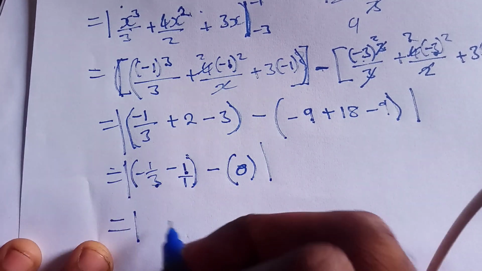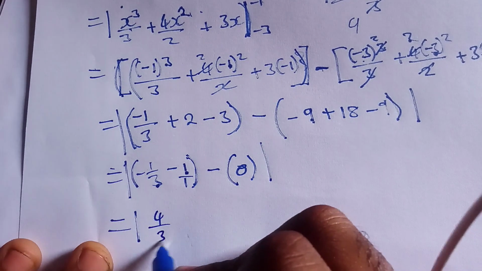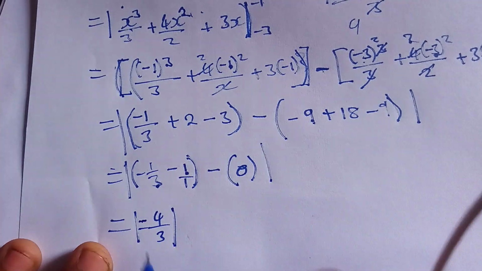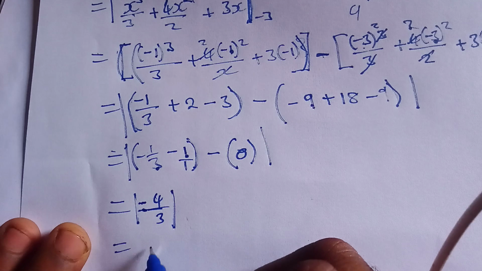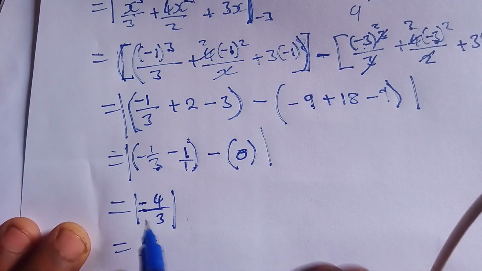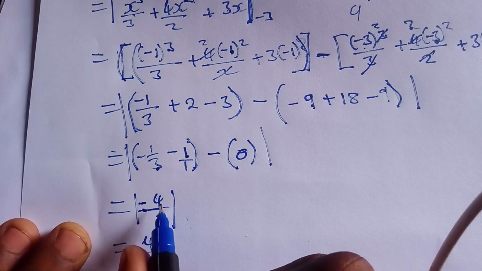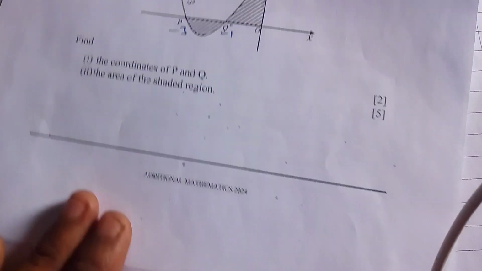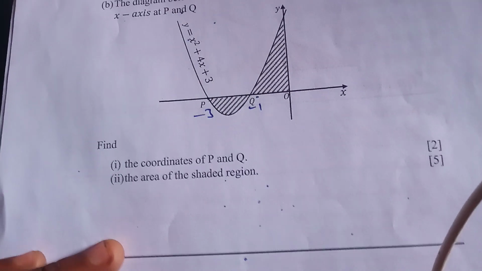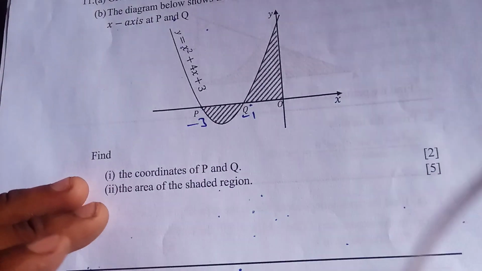When you subtract this, you have -4 over 3 like this. And then when you take the modulus of this, you have 4 over 3. So this negative was expected since the area is below the x-axis. So now to find the other area, you change the limits of integration.